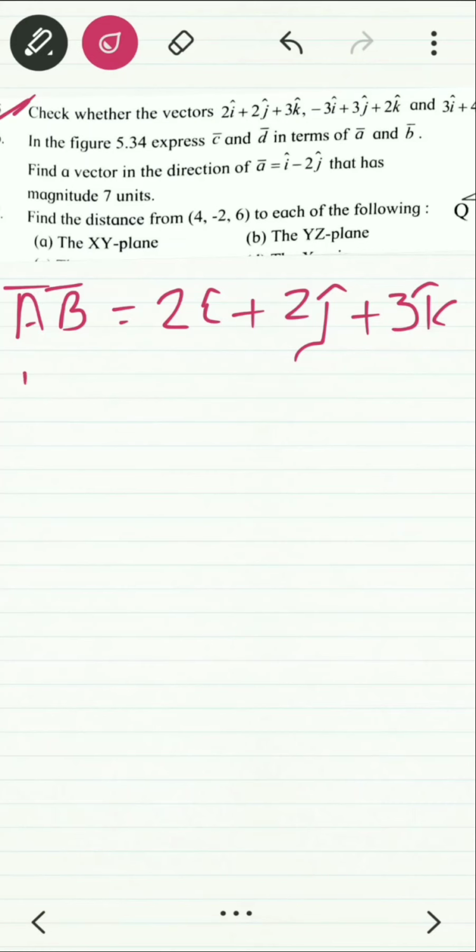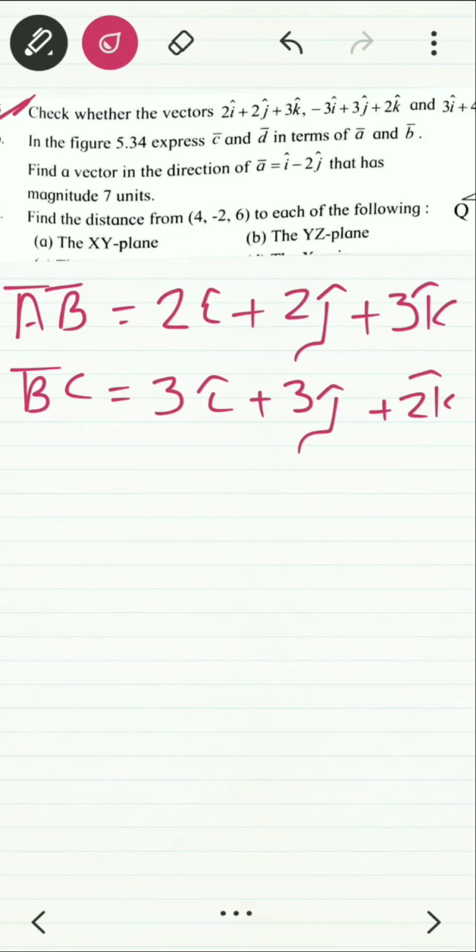Similarly, BC becomes 3i plus 3j plus 2k, and the third vector becomes AC, which is 3i plus 4k.